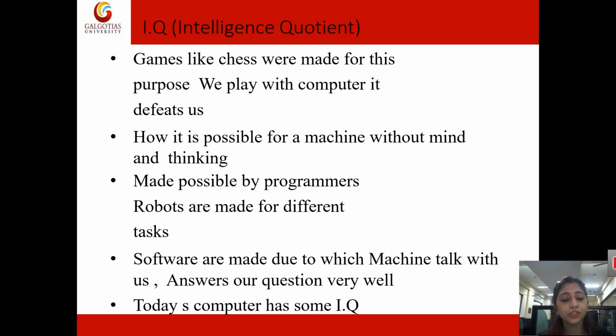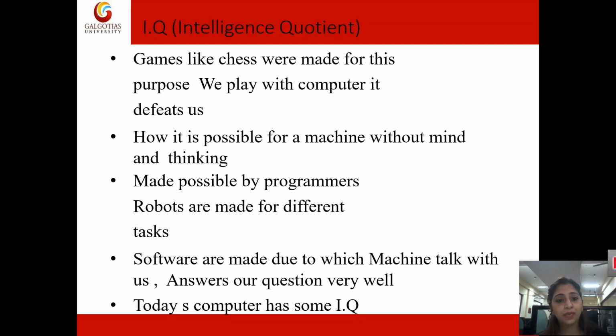Because in the case of a chess game, we tell the machine that if this is the setup, this is the possible input you are going to get, and you have to play accordingly. We define certain steps, and the machine can choose and do the required task depending on the setup. That is made possible by the programmers.